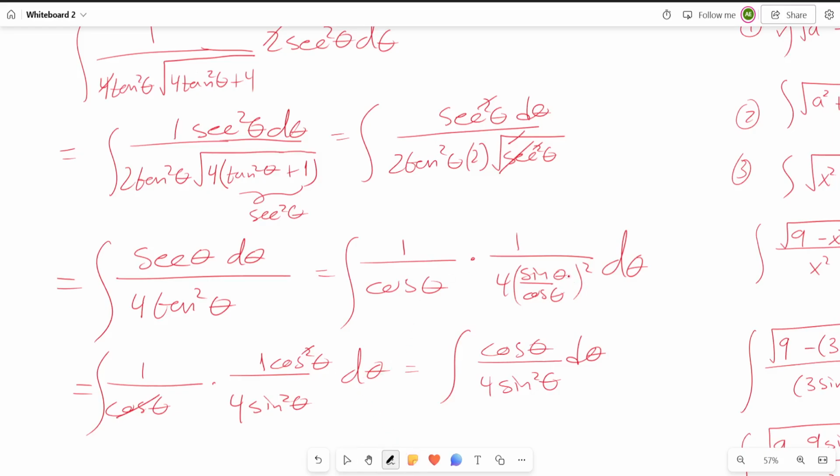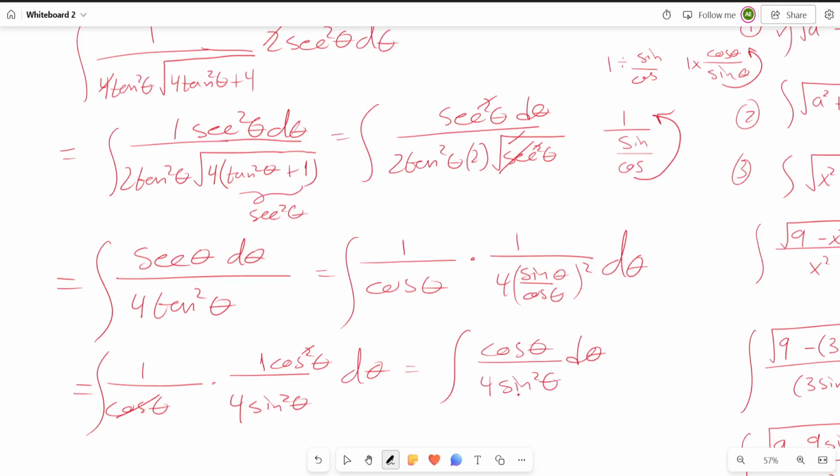By the way, when I have something like 1 over sine over cosine, this is similar to 1 divided by sine over cosine, which is the same as 1 multiplied by cosine theta over sine theta. That's why the cosine, which was here, jumped to the top, because as we can see, it's on the top.